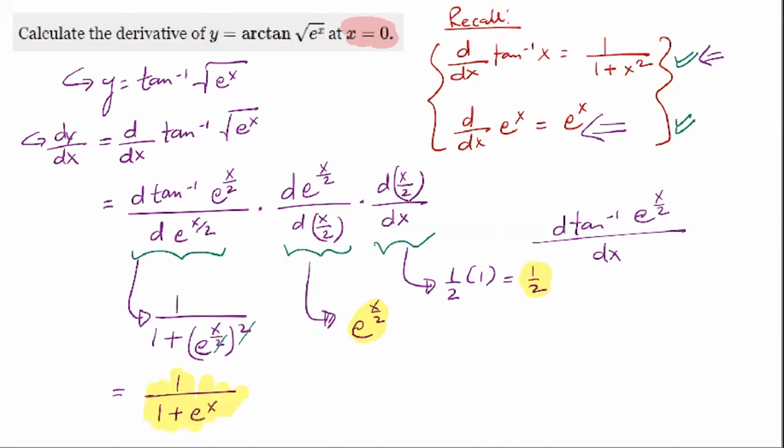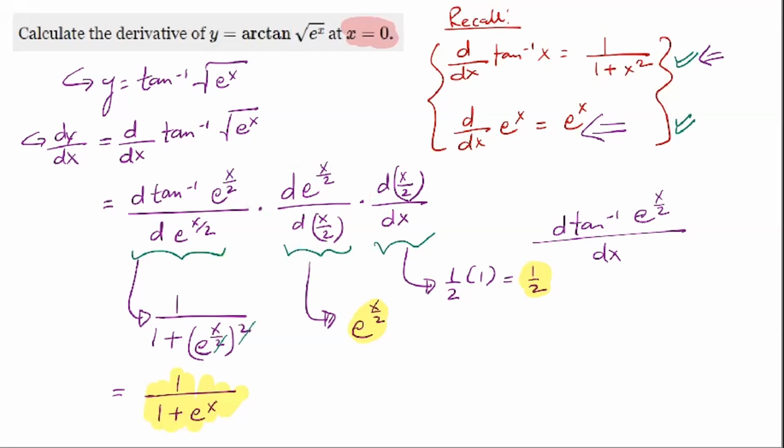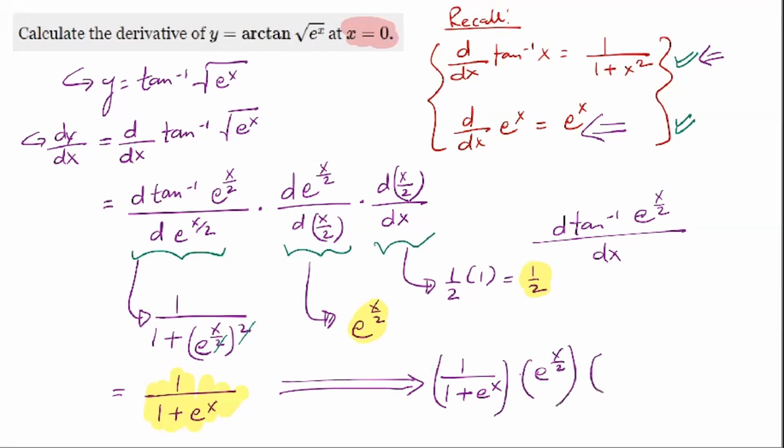One last thing. Remember, we broke the problem into different sections so we could handle them separately, right? So now it's time to put them all together and get the final answer. The final answer is the first portion, which is 1 over 1 plus e to the power x, the second portion is e to the power x over 2, the third is 1 over 2, and they're all multiplied.